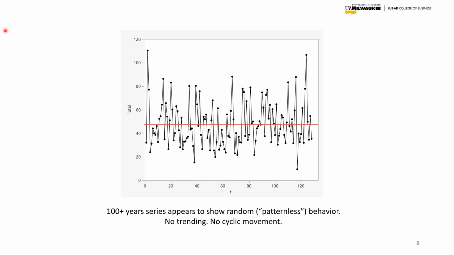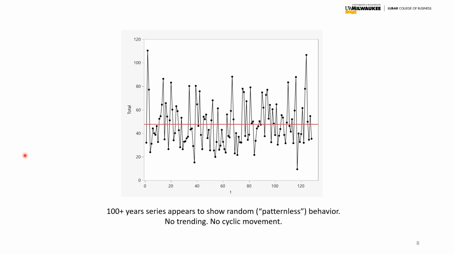I then went to Graph Builder and dropped the total on the vertical and dropped the T index on the horizontal. I clicked the line connection button on the top, and that would connect the points. I also double clicked on the vertical axis and put a reference line at the mean.